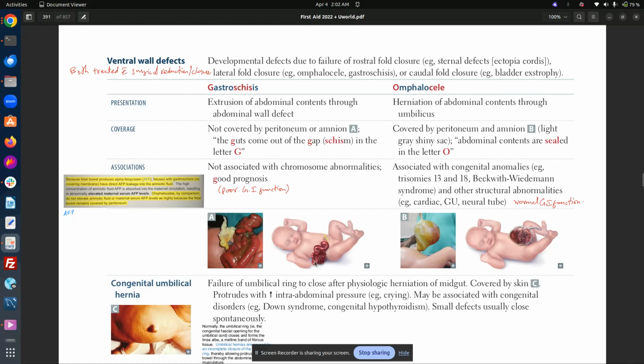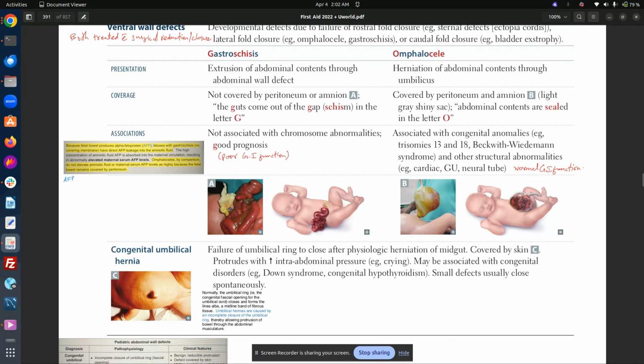Now let's talk about congenital umbilical hernia. What is congenital umbilical hernia? And a lot of students get confused between omphalocele and congenital umbilical hernia. The pathophysiology of congenital umbilical hernia is incomplete closure of the umbilical ring. Normally, during pregnancy, there is physiologic herniation of midgut, which gets resolved in the late pregnancy.